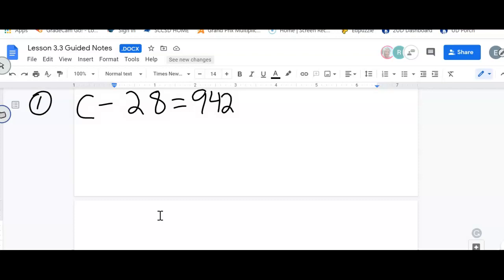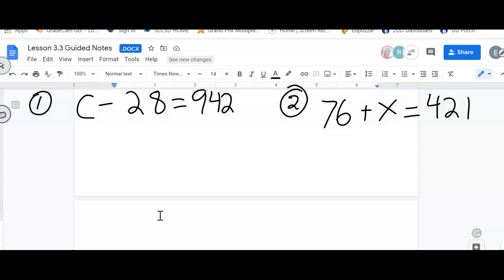Number two. Solve these two. Due to time, I'm just going to go over a little bit.